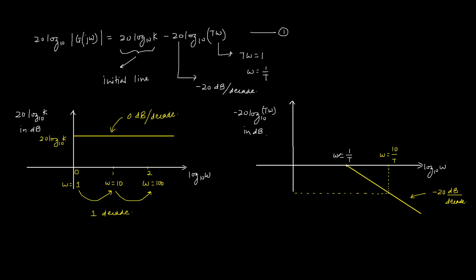So for omega equal to 1 by t, magnitude is 0 dB. Then at omega equal to 10 by t, magnitude is reduced by 20 dB, so magnitude becomes minus 20 dB. Okay, so this is basically a straight line.